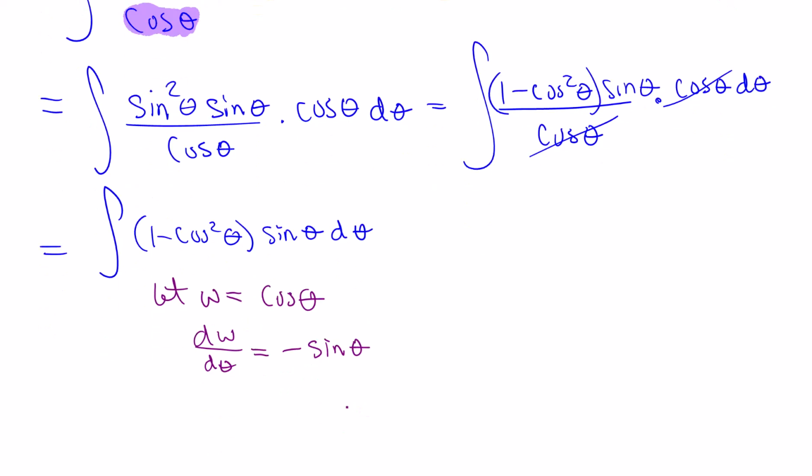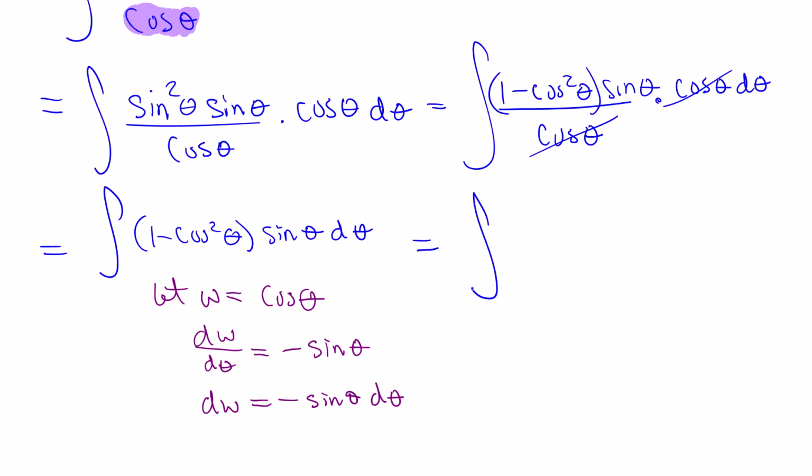And then if you multiply by d theta on both sides, you end up with dw equals negative sine theta d theta. Why do we care? Because that's a huge portion of this integral we're trying to substitute. So we're ready to go. Let's go ahead and transition on to a next step.